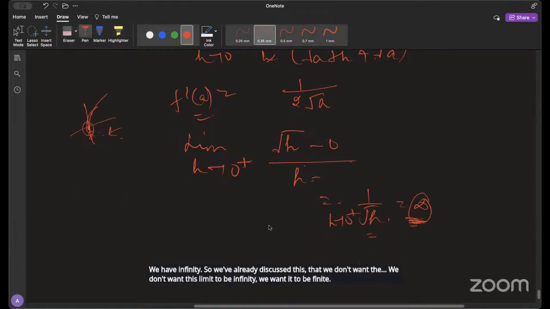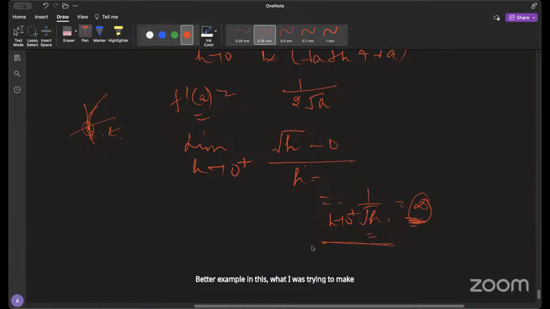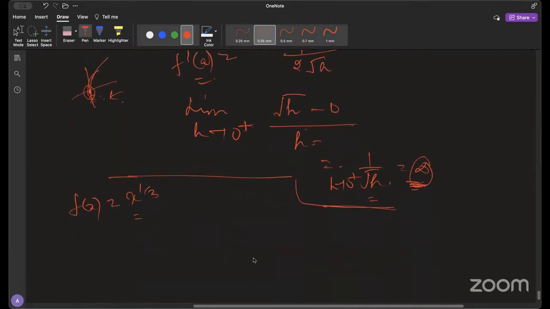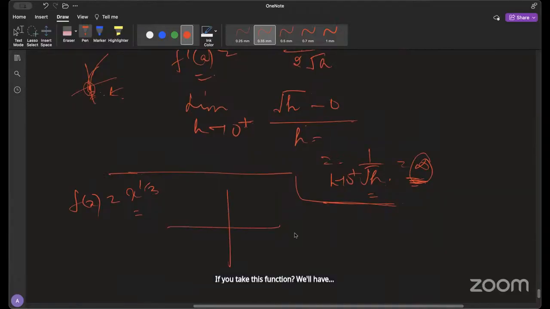I was trying to give you an example for a particular case. Let's just take x to the power 1 by 3 then. Let's not do it in the graphical way, we don't have much time left.